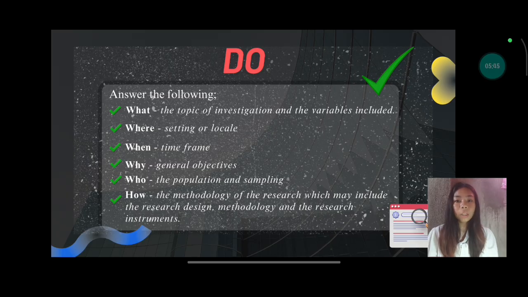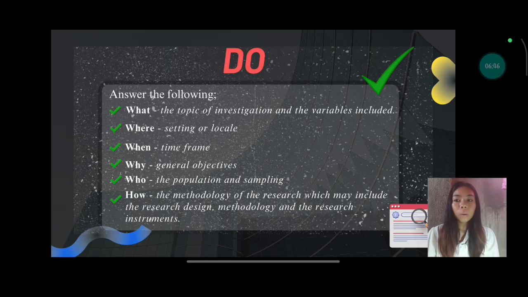For the scope and delimitation to be organized, you need to mention why some factors are excluded and why you didn't include them. Can you control them, or are they too difficult to examine or experiment on? You need to mention this in the delimitation part.